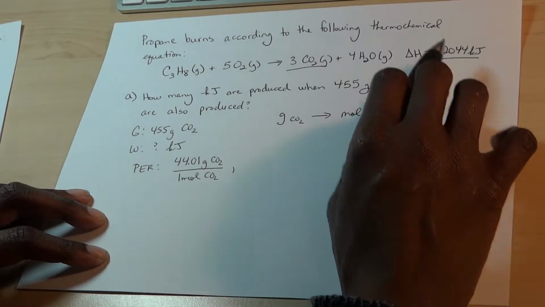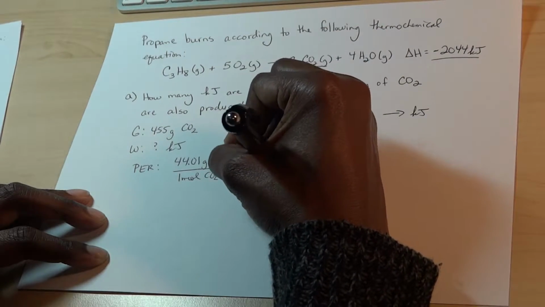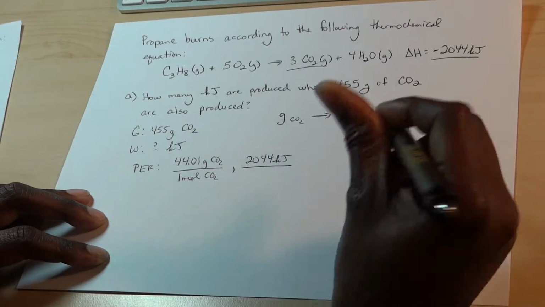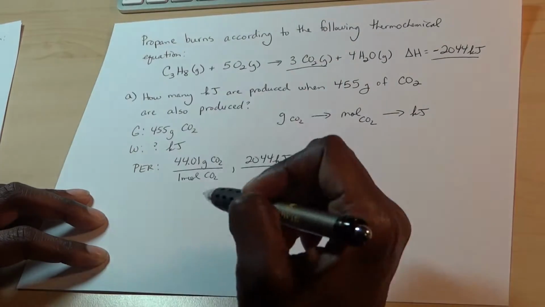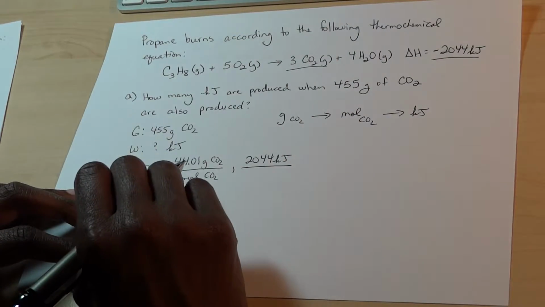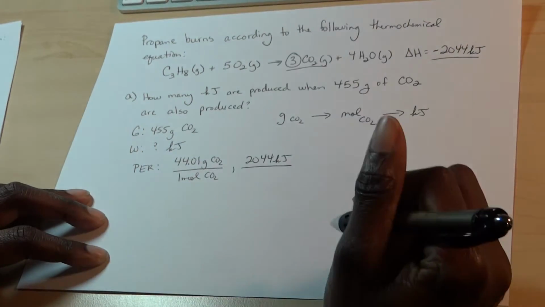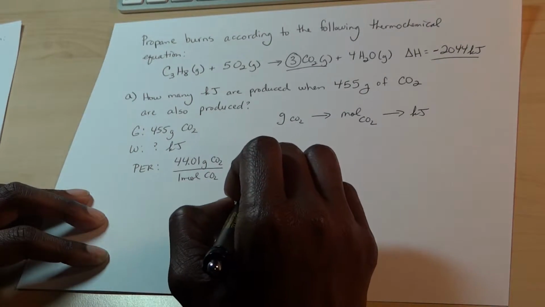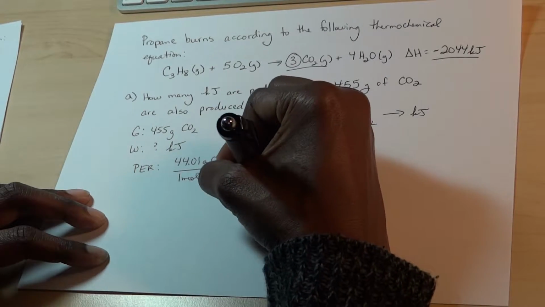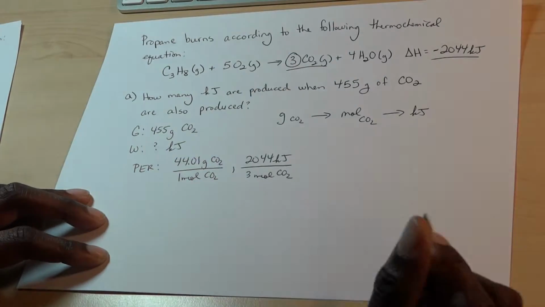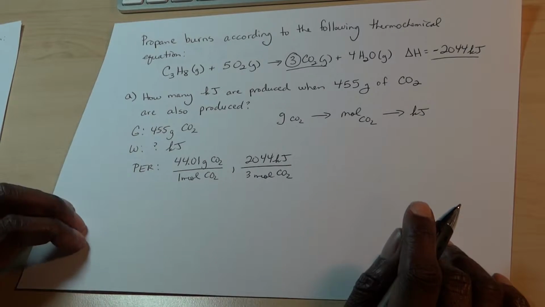The energy in this case is 2044 kilojoules. We only care about carbon dioxide here, so that's the only coefficient we worry about. So 2044 kilojoules for every 3 moles of carbon dioxide. Those are the only per expressions we're going to need.